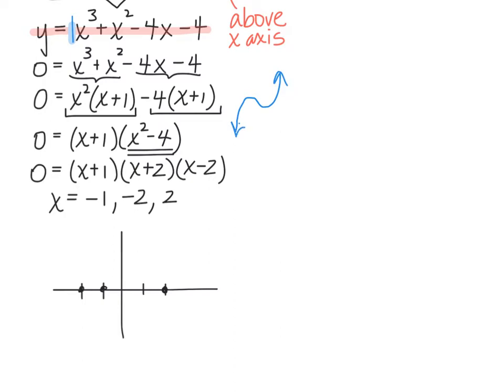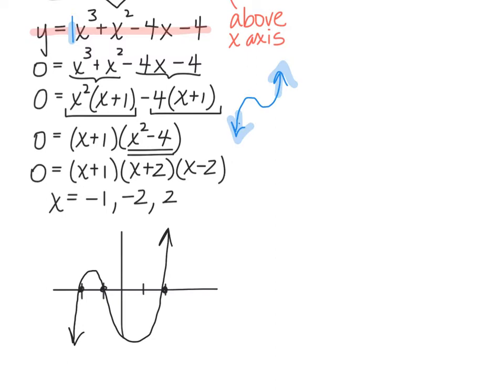So when you look at the far right-hand side of this curve, the right-hand side is rising. It rises to the right, it falls to the left when we look at that end behavior. So using the end behavior and the x-intercepts, I can create a nice rough sketch. This is a cubic curve, kind of an S-shaped curve. It's again a rough sketch because we're just using the graph to help us solve the inequality.